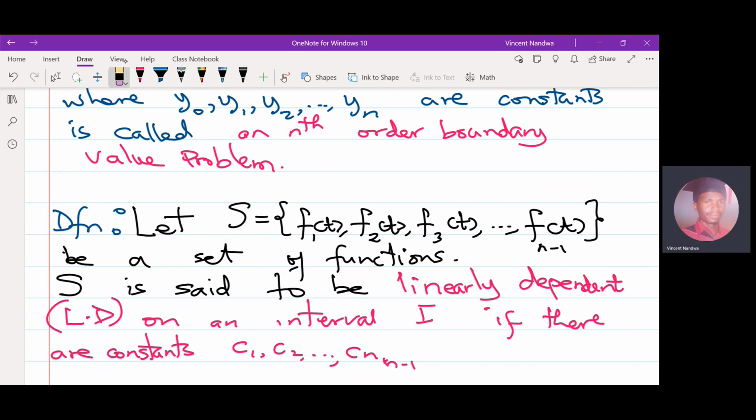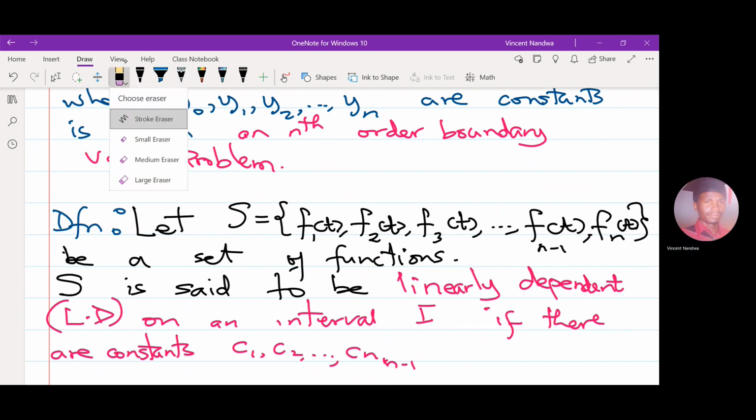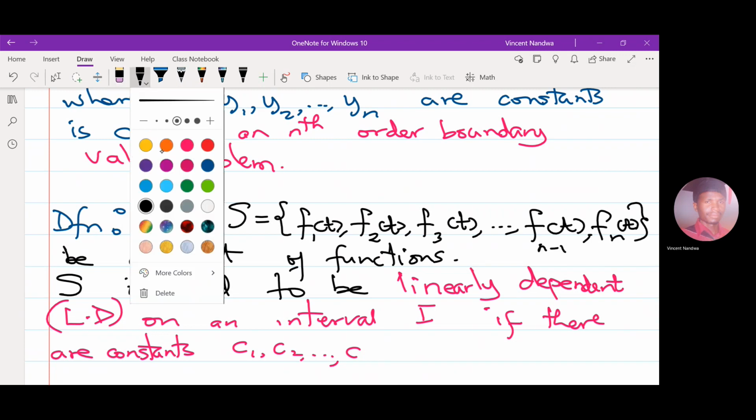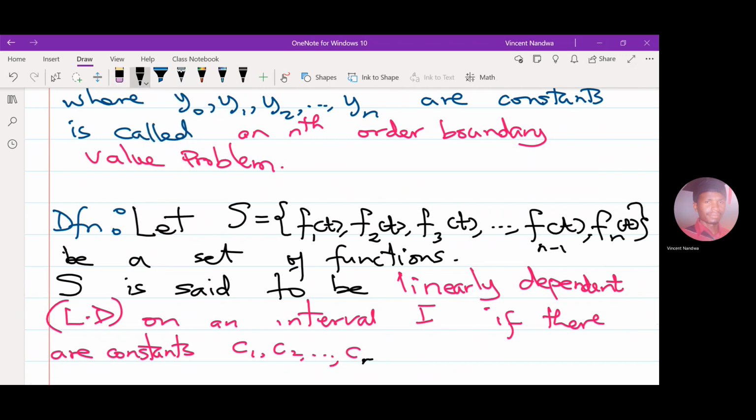You can extend this set to have n functions, so up to Fn of t. Not all zeros.